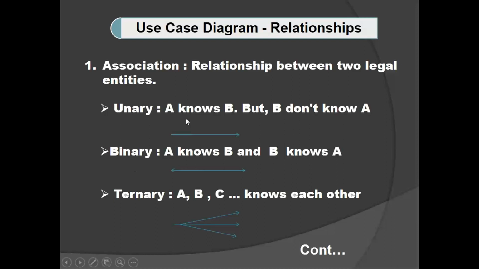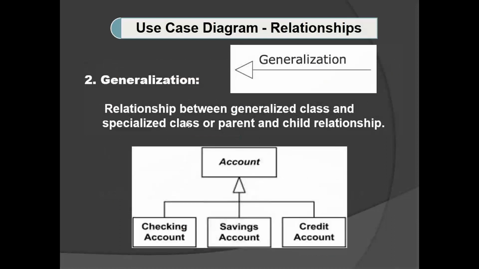Okay, then the second one is generalization. Generalization means the relationship between a general class and a special class, or a parent and child relationship. Okay, for example, if I say I have a bank account, then it could be a savings account, a fixed deposit account, or a current account.